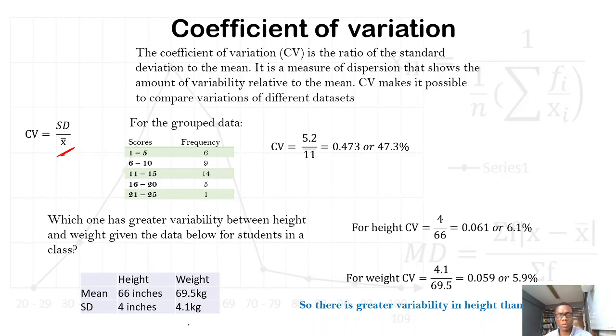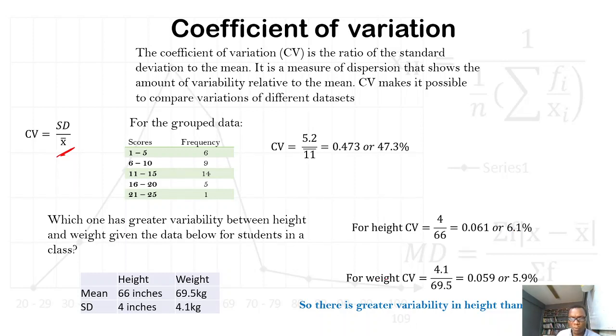Okay, so the right thing to do is to calculate the different coefficients of variation and then compare these coefficients of variation. So to calculate the coefficient of variation for height, we will say 4, which is the standard deviation here, divided by 66. That gives us a coefficient of variation of 6.1%.